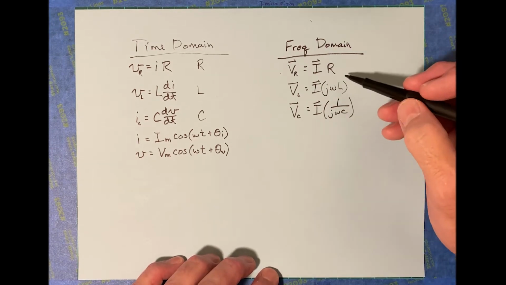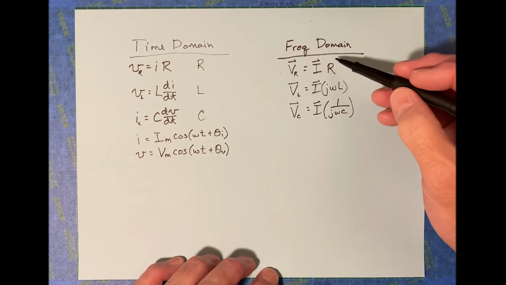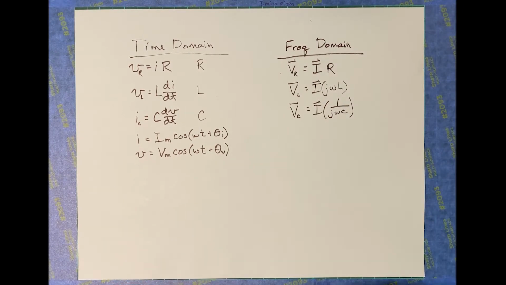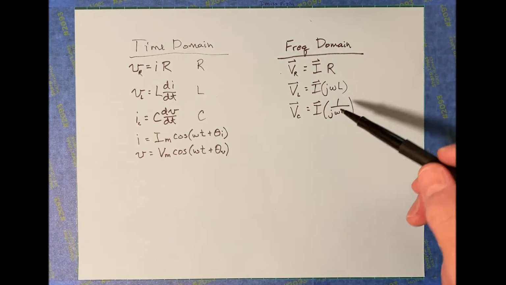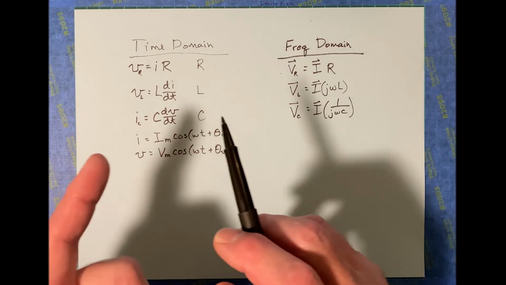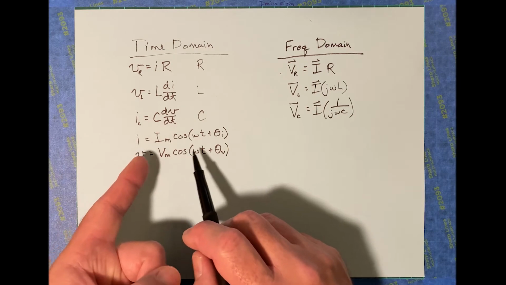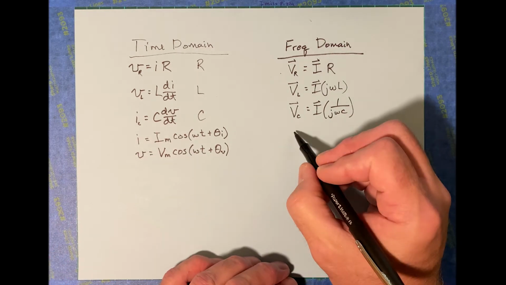Okay, now you'll notice all of these in the frequency domain have the same general form. And they're all very linear. And that's the advantage of transferring from the time domain into the frequency domain. Now you transform these things, you already know how to do these hopefully.